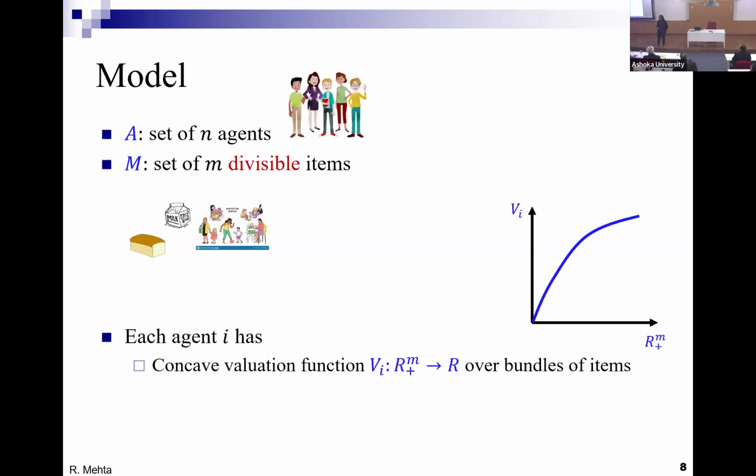You eat one scoop of ice cream, very, very happy. Eat a second scoop of ice cream. Your happiness over the second scoop is not as much as you got for the first scoop. You eat a third scoop, you'll be like, okay, I'm getting saturated, right? So your happiness for every next scoop is decreasing. Right? So that's called decreasing marginal returns, and that's captured by concavity.